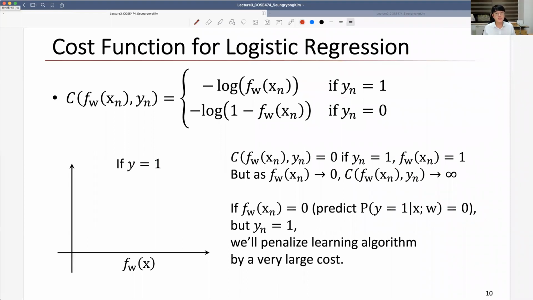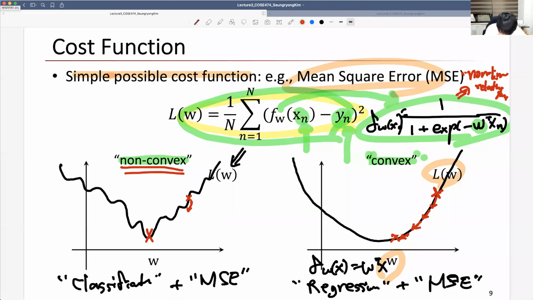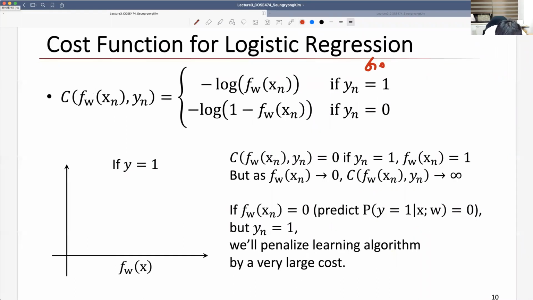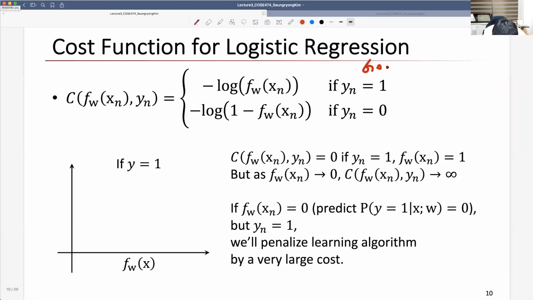Here's the cost function for the logistic regression. Our goal is to make a convex cost function with respect to W even for the logistic regression in the classification problem.